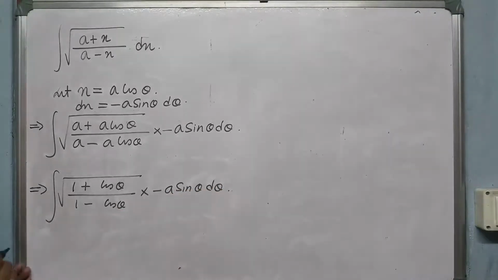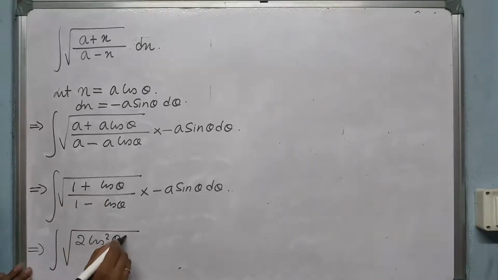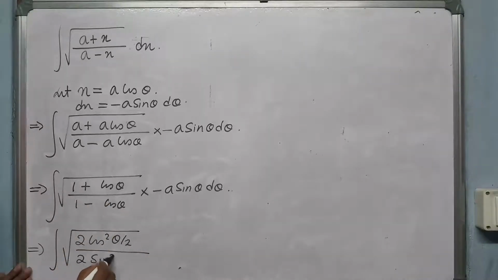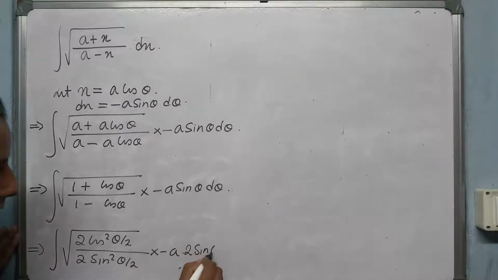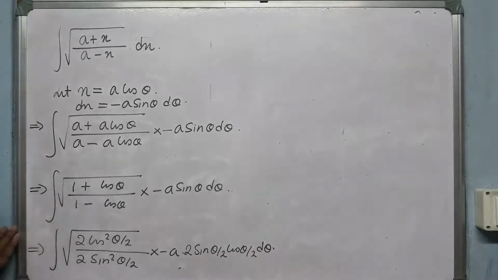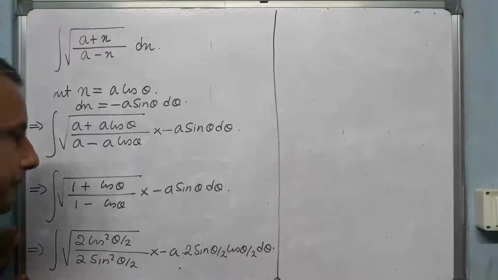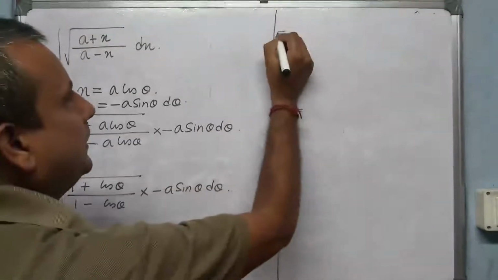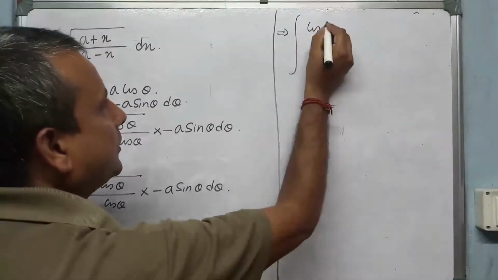Now I'll use the submultiple angle formulas. 1 plus cos theta is 2 cos square theta by 2. 1 minus cos theta is 2 sin square theta by 2. Minus a sin theta, also I'll use the formula 2 sin theta by 2 cos theta by 2 d theta. Now that 2 gets cancelled. Under root, cos square theta by 2 is cos theta by 2.